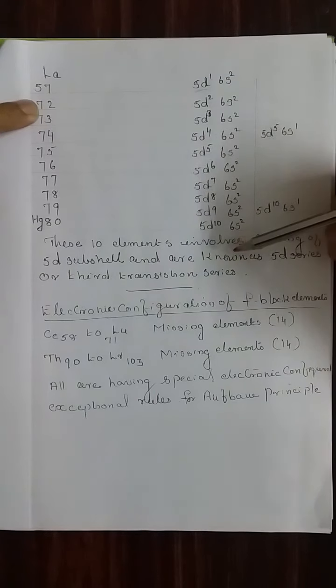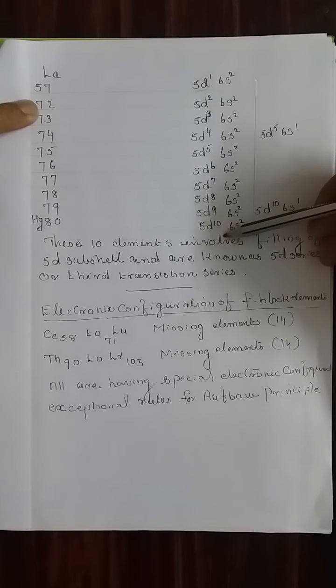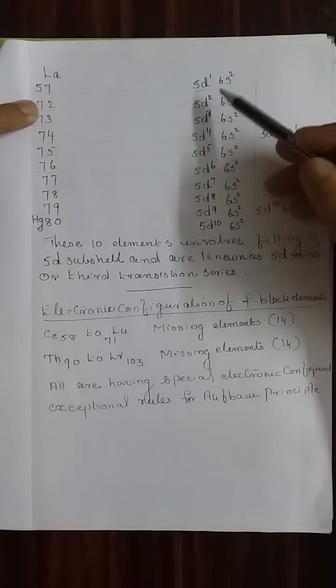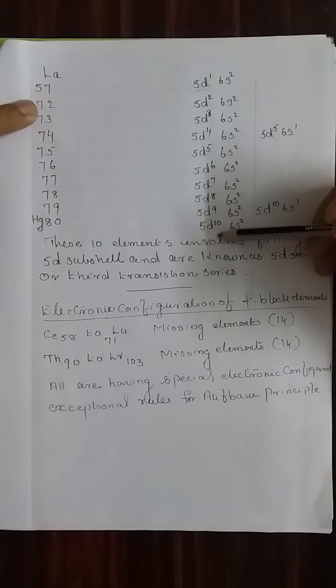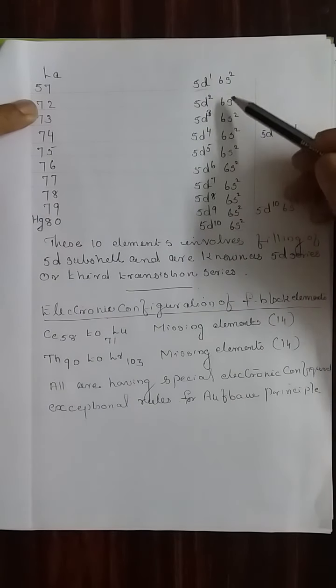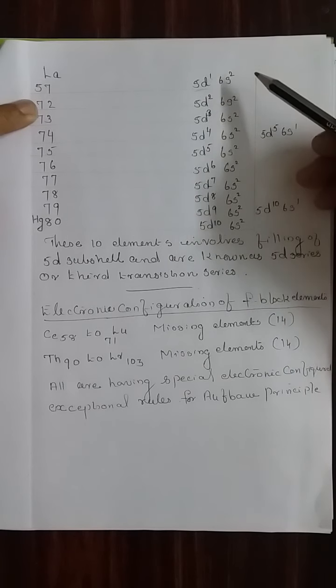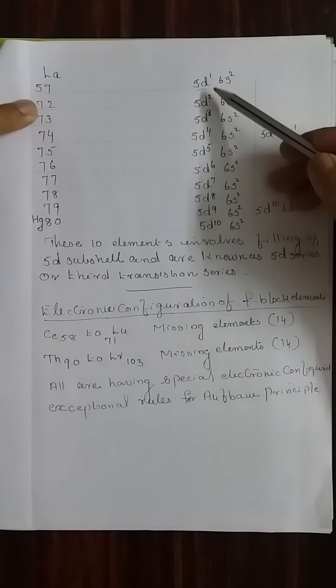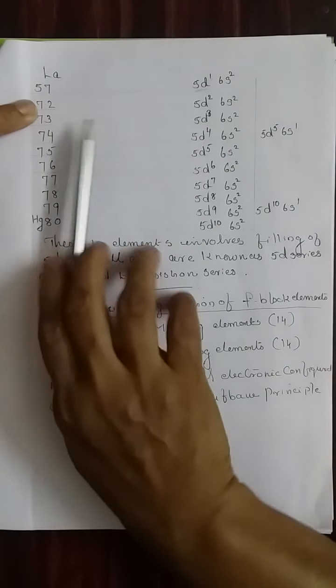Therefore, all these electronic configurations you have to redo, because according to the Aufbau principle, these are not the electronic configurations that you already found out and prepared in your notes in 11th standard. Therefore, you have to make a difference in all the electronic configurations.